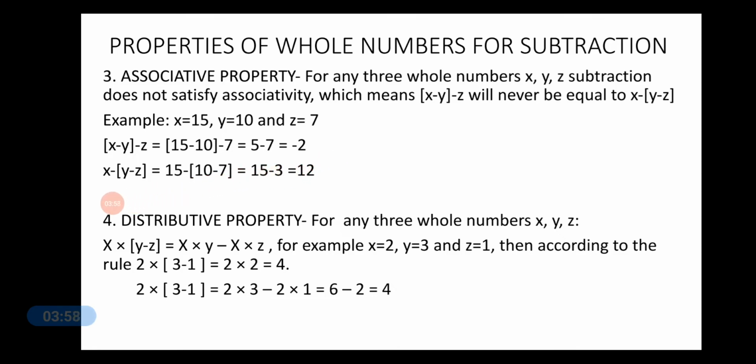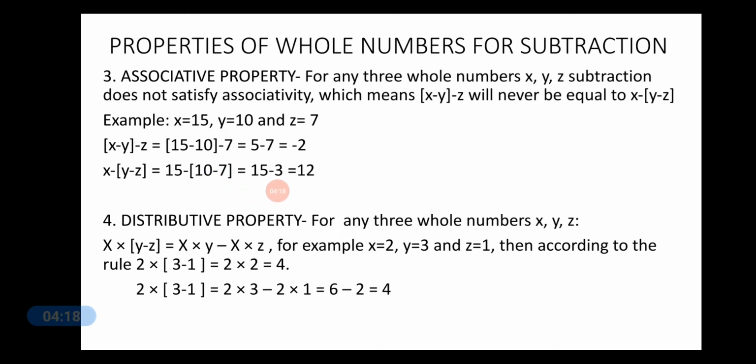But in the other case, x minus, within the bracket, y minus z, this will be equal to 15, which is the value of x, minus, within the bracket, 10 minus 7, that is y minus z. Now when you subtract 10 and 7, you get 3.